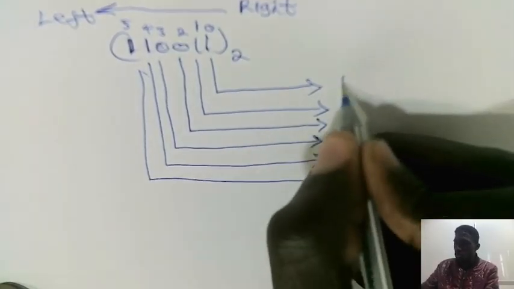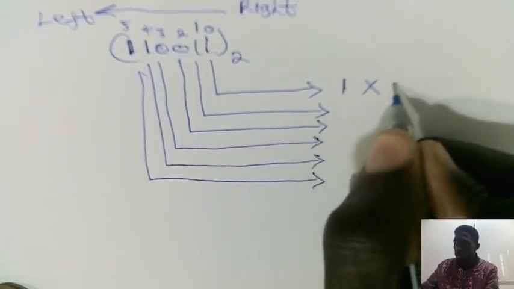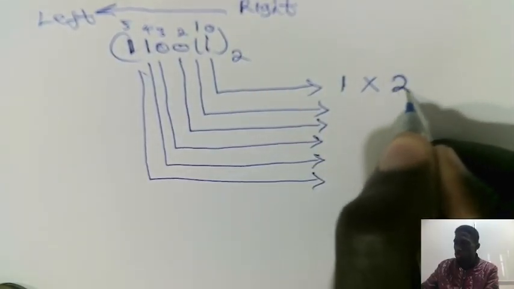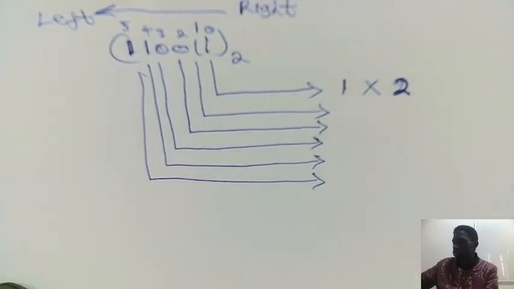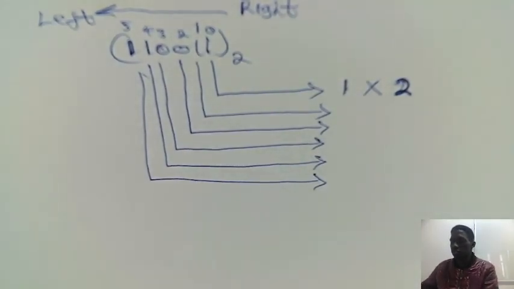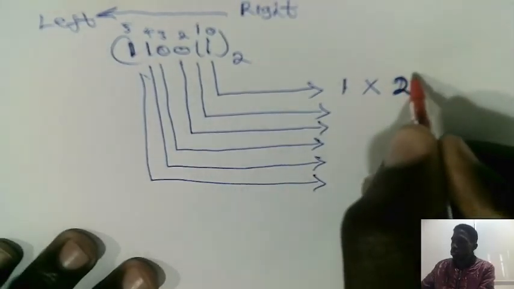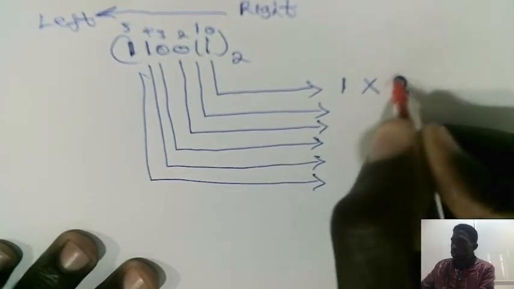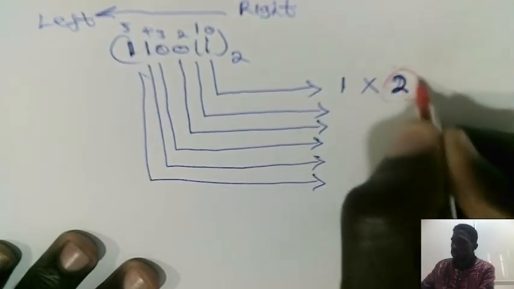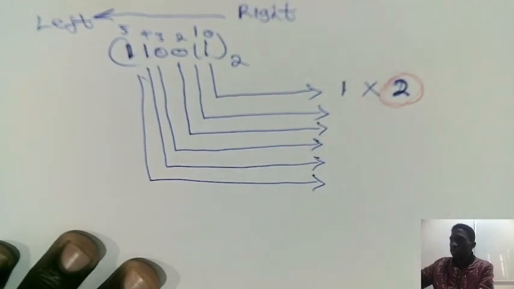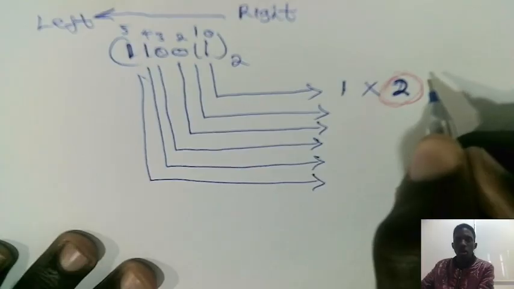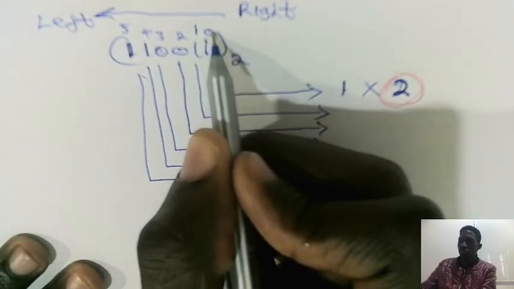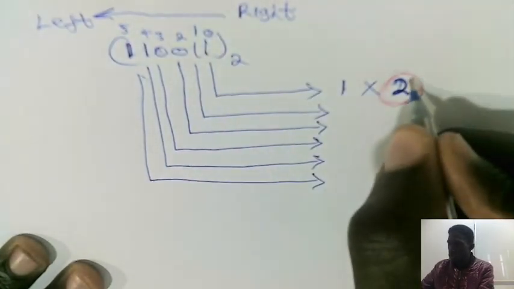So I'm going to write 1 multiplied by 2, because this is the base. This figure here is going to be constant because it's the base. Take note of this. It's going to be constant throughout. So 1 times 2 to the power of 0.